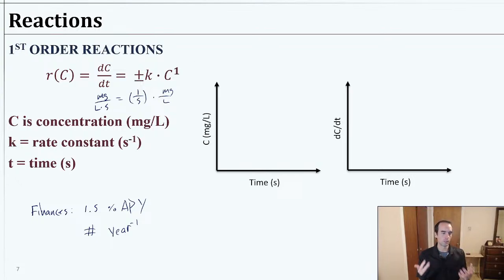It is something changing over time. And then what we're going to do once we get back to the reactors is put that rate in the context of the reactor. So then we add in parameters such as the volume or the flow rate, things like that.